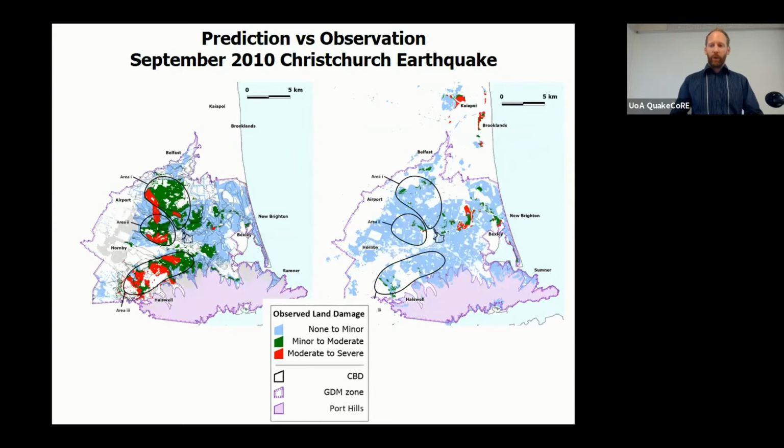This just shows that there is an over-prediction tendency at that particular level of shaking intensity within the Christchurch area.